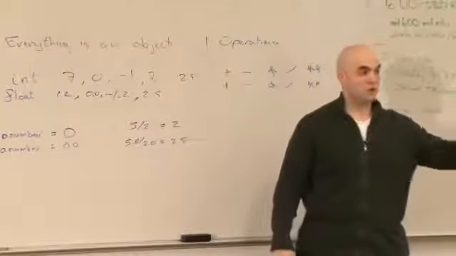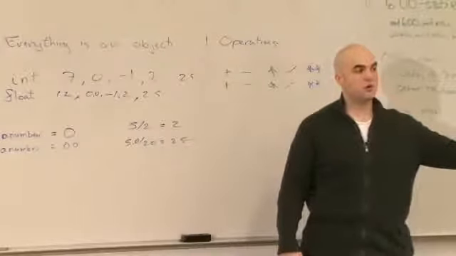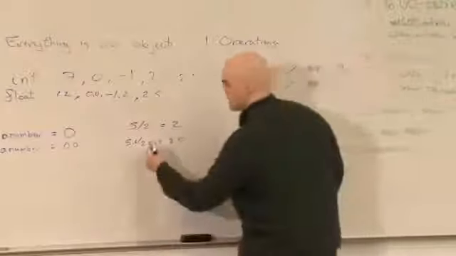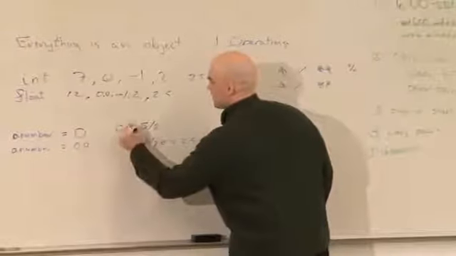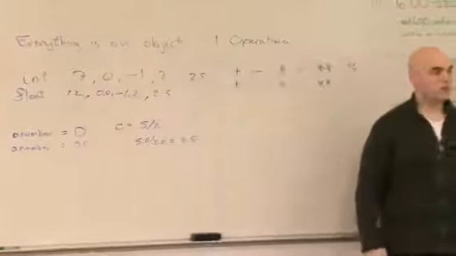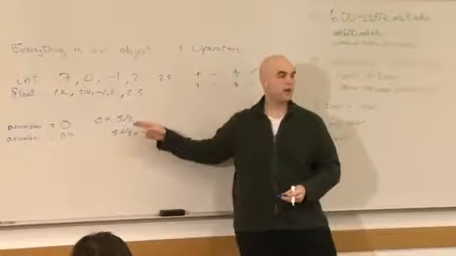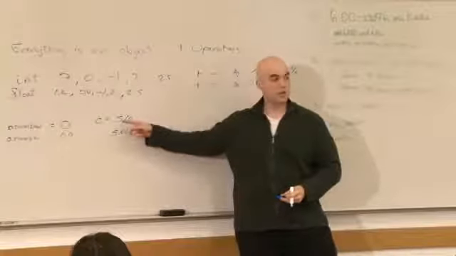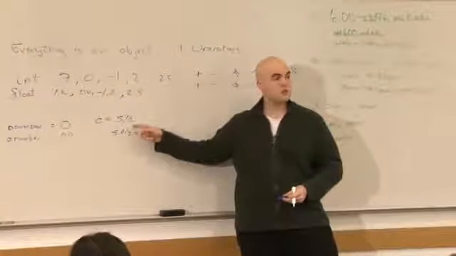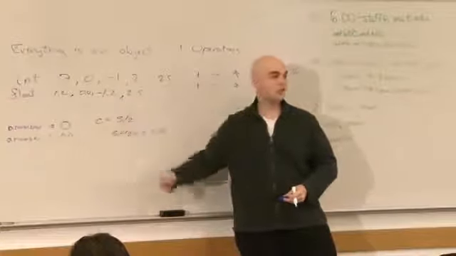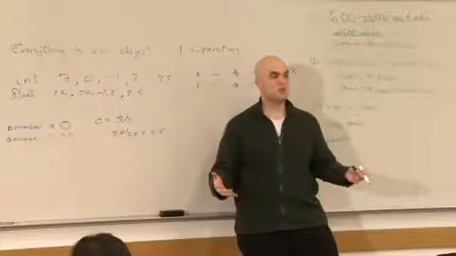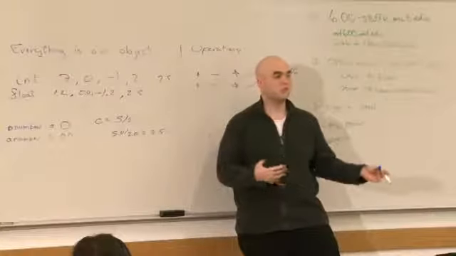So that result has a type as well, because I can take that result and I can say, you know, C is equal to 5.5. Well, C is now a variable in the language. That means that it has to have a type, and Python says that because I did this operation with 2 integers, I'm going to give it a type as an integer. And the closest representation to 2.5 in integer terms is 2.